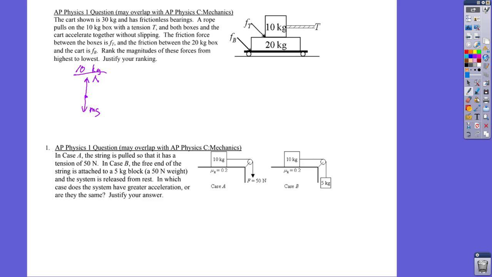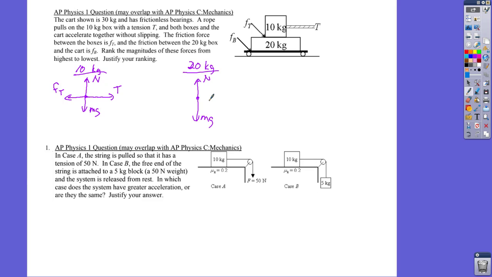We've got the normal force, and we've got T pulling to the right, and there's also a frictional force, so that would be Ft. That's the frictional force on the top surface there. And then on the 20 kilogram box, draw your diagram. You have mg, you have a normal force.